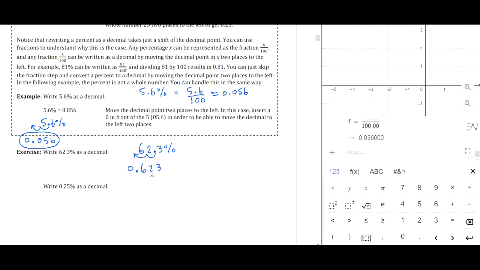So 62.3% is the same value as 0.623 as a decimal. Let's do another one. 0.25%. Take your decimal point 2 units to the left, and we have 0.0025 written as a decimal.